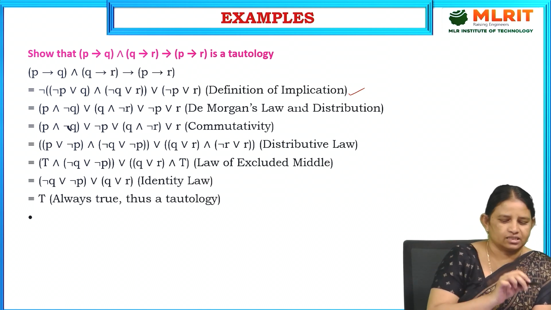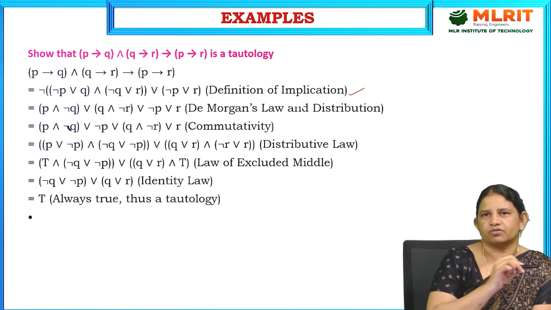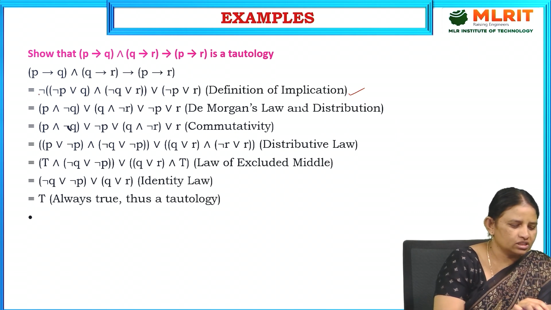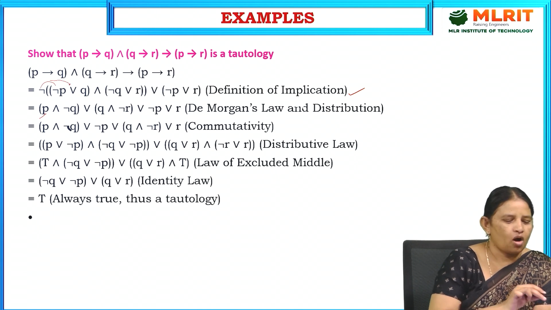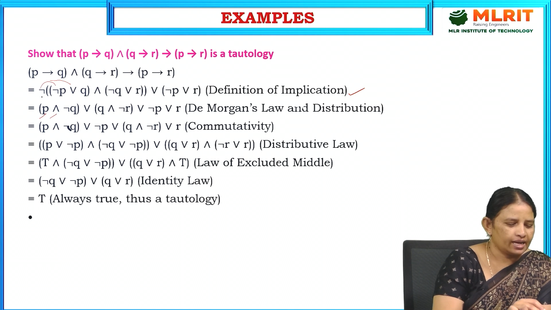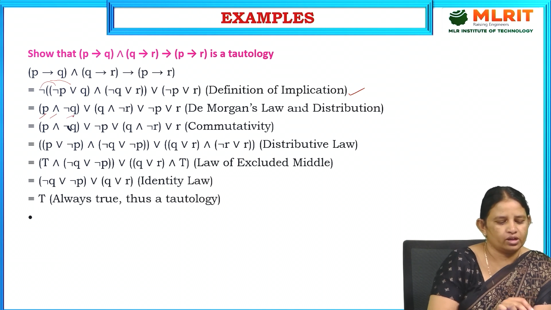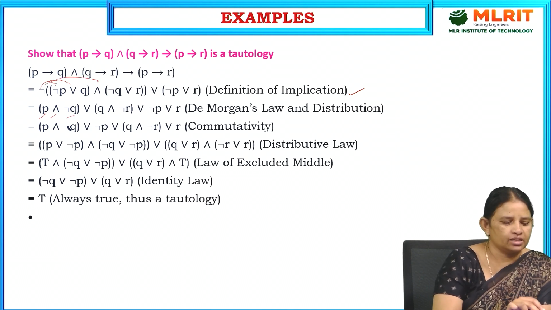Next, apply the De Morgan's law as well as distribution law. This negation is applied for the inside of the proposition. Negation of or becomes and. Again negation Q. Then again negation is applied. There are 2 parentheses.